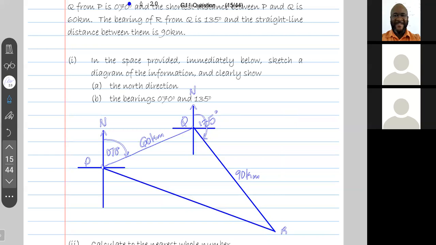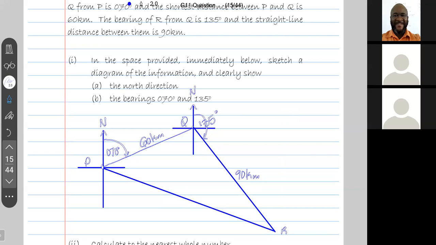So that is the information that I was given. I was told that the bearing of Q from P is 70 degrees, and the straight line distance between Q and P is 60 kilometers. I was told that the bearing of R from Q is 135 degrees, and that the distance between them is 90 kilometers.